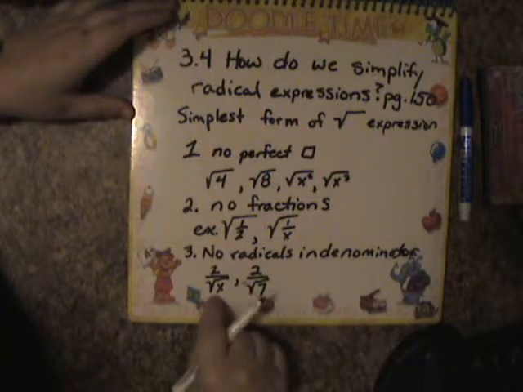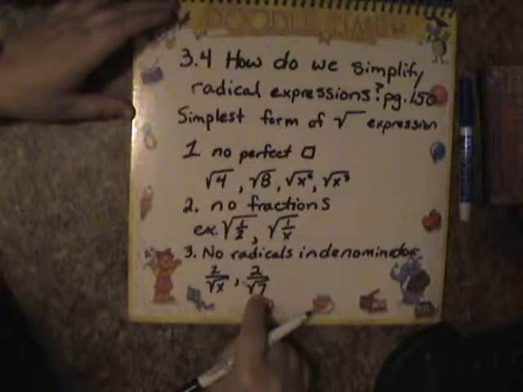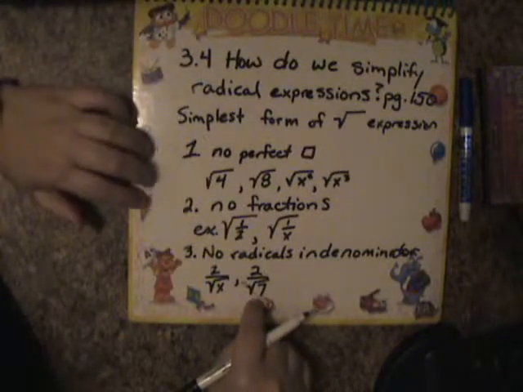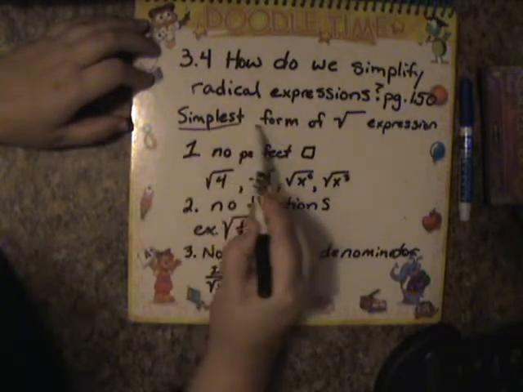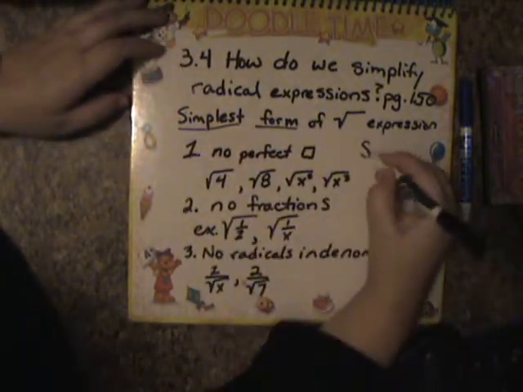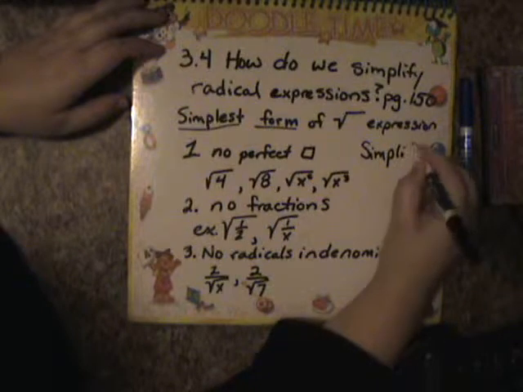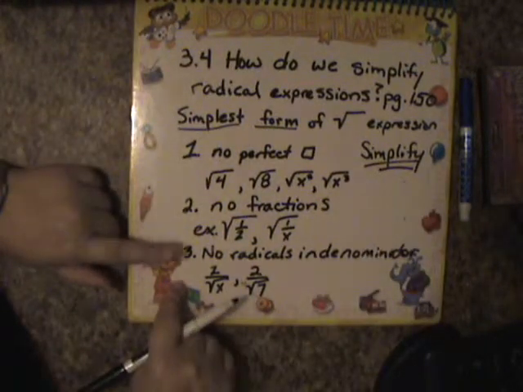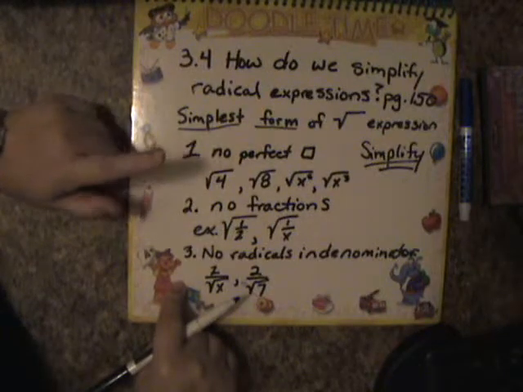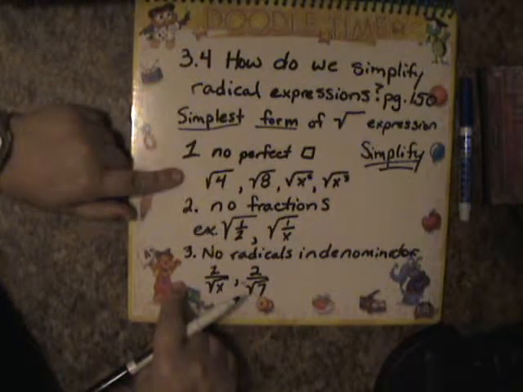Anything like this where you have a radical in the denominator. So those are the three things that you want to look for whenever it says the simplest form, when it says to simplify. Okay? You need to have those memorized so that when it says simplify, you know what it means to simplify.